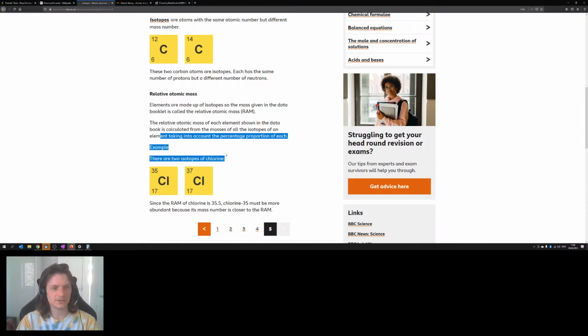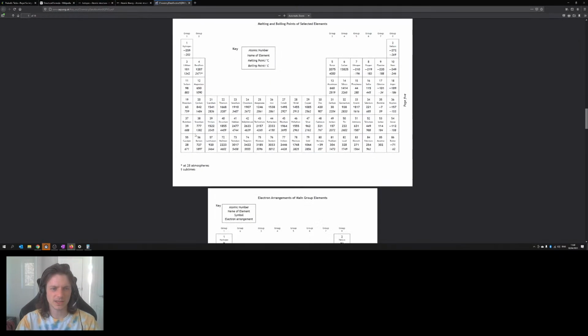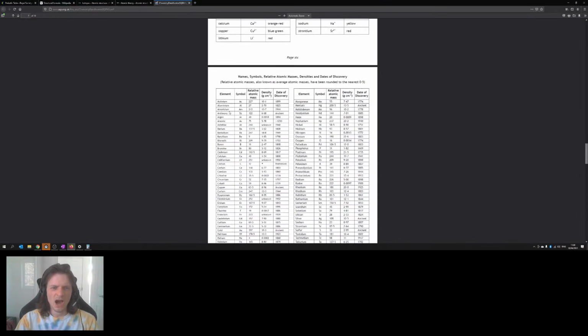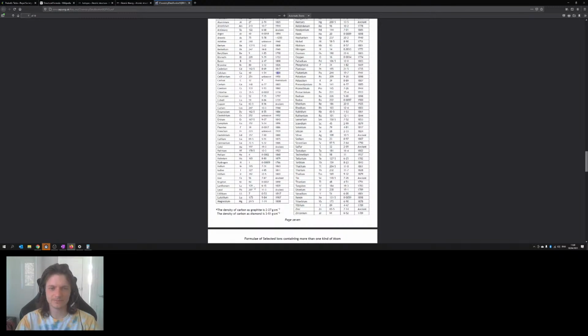So where I'd like to see these, if I go to this book, does it have these things? Relative atomic mass, density, date of discovery.